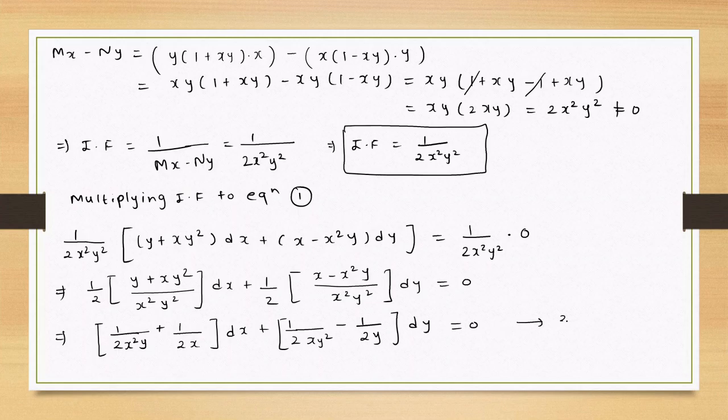We call it equation number 2, and this is our M dash and this is our N dash. So equation number 2 is an exact differential equation.